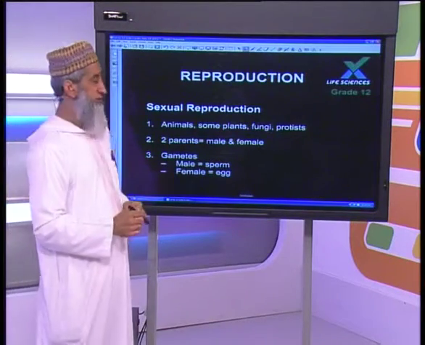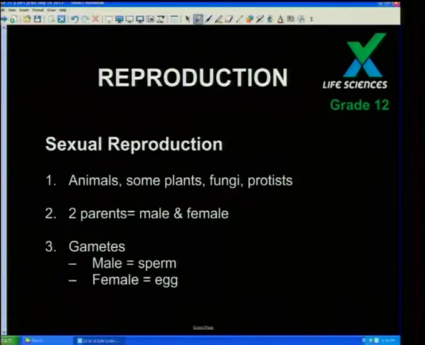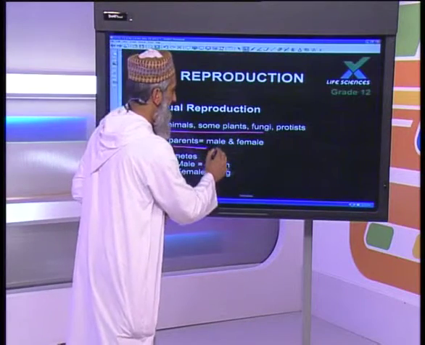Now we're moving on to sexual reproduction. Obviously, in all these organisms, plants, fungi, protists, animals, etc., for sexual reproduction to take place, you obviously need two parents. And these two parents have to be a male and a female.